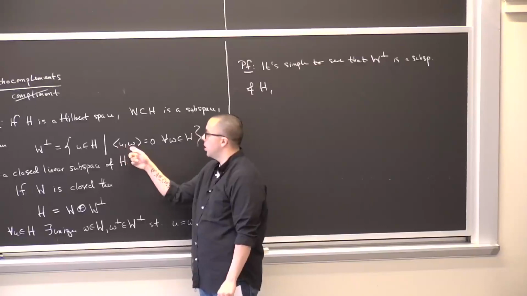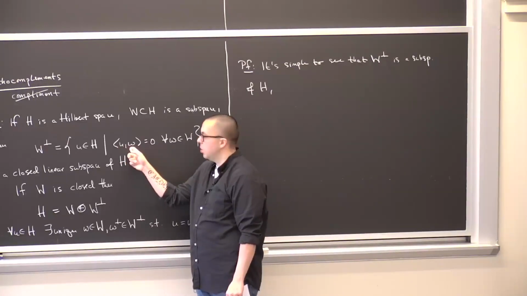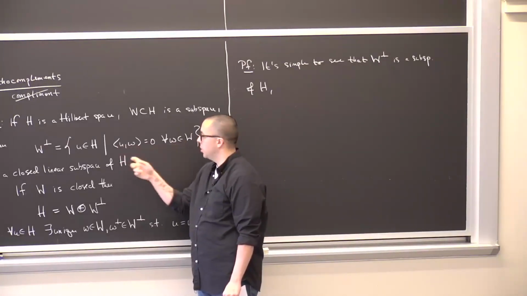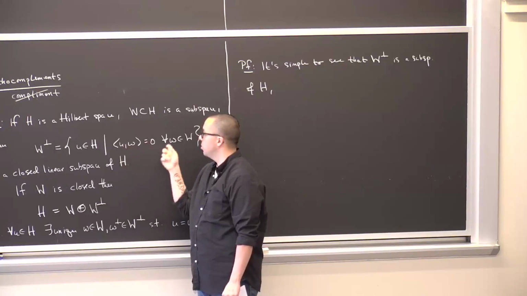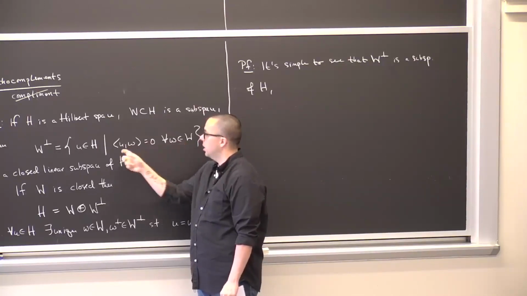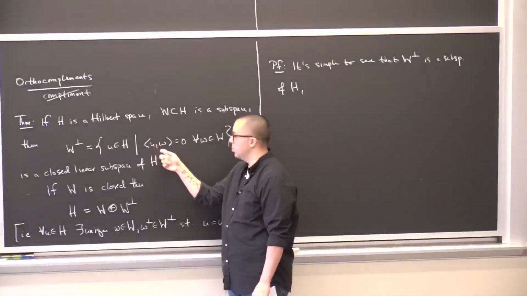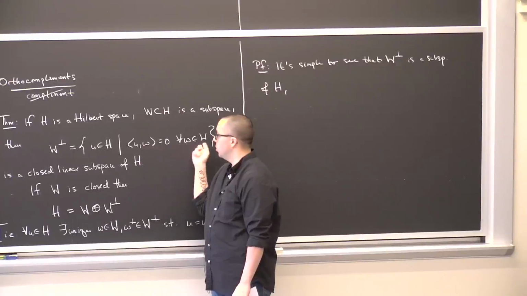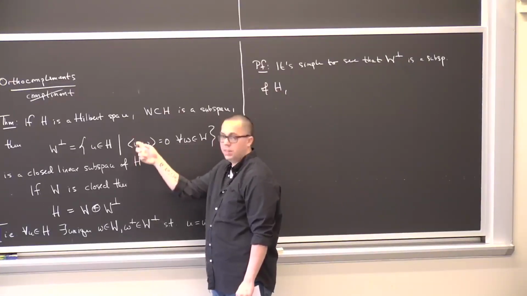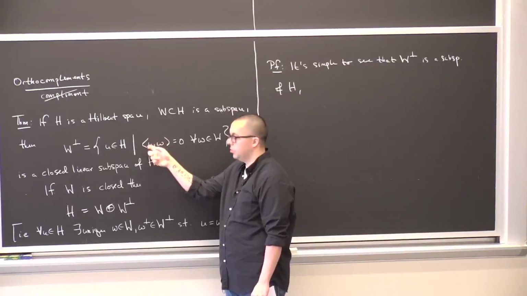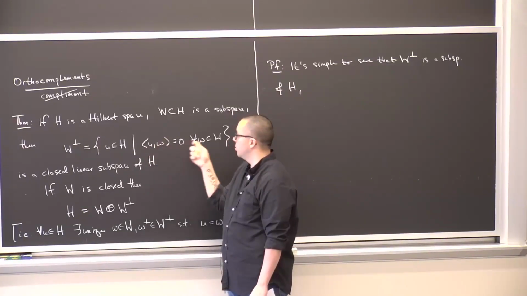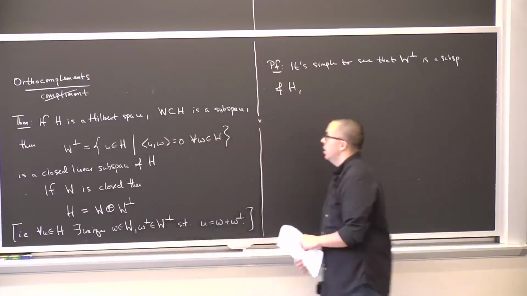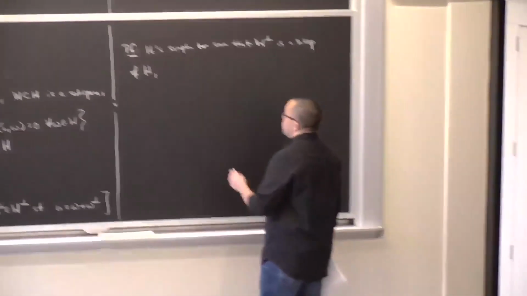If the inner product of U1 with w is equal to 0 for all w in W, and the inner product of U2 with w is equal to 0 for all w in W, then the linear combination of U1 and U2 will be orthogonal to w for all w in W. So that's pretty easy to see why it's a subspace.